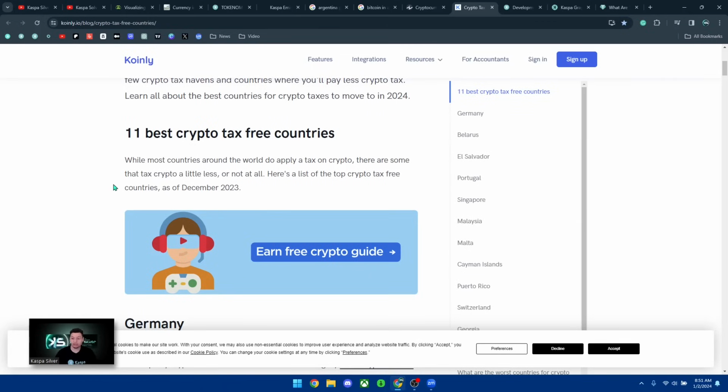One country that comes to mind is El Salvador. You can actually go there and use your cryptocurrency as payment for goods and services. The biggest problem with using crypto as payment for goods and services is taxes. And as long as taxes are around, this idea that Kaspa can become a currency globally will probably never happen, but it could happen in different countries.